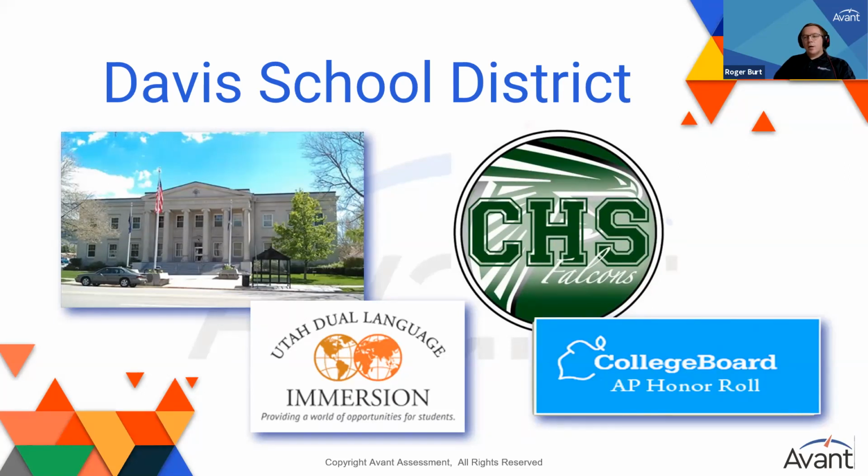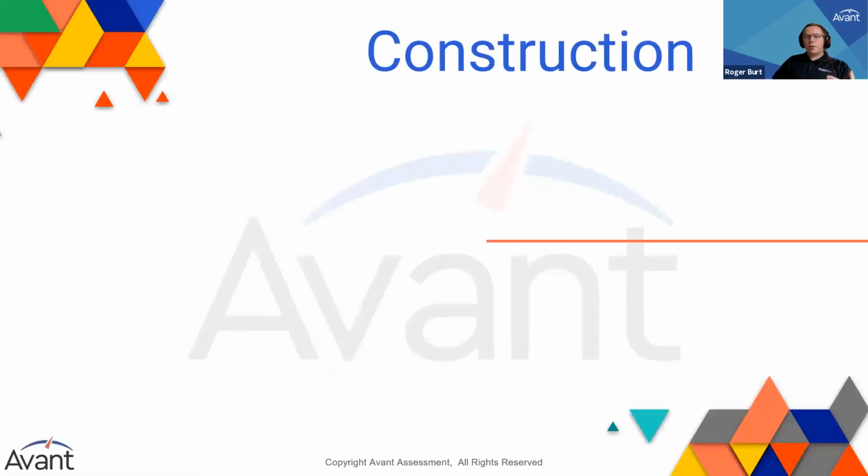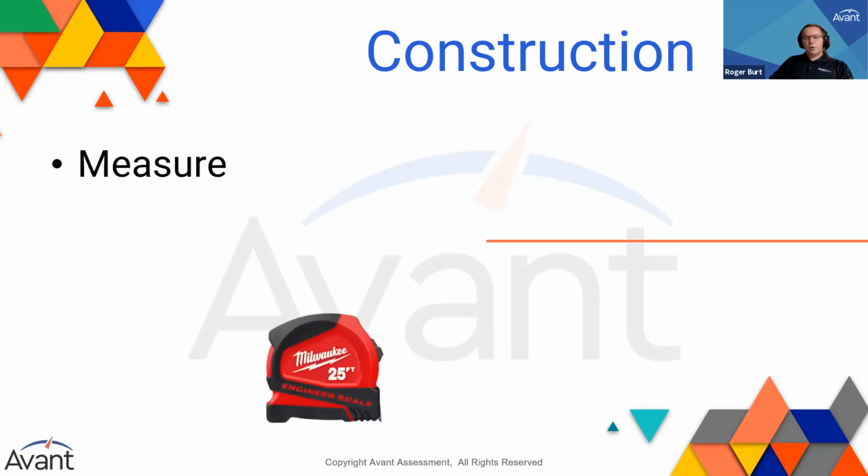When I began my teaching career, I saw a lot of similarities between what I was doing and construction. I see it that way because I like to do small projects around my house, and as I do so, I need certain things that I also need in the classroom. The first thing that I need when I'm beginning a project is to measure.